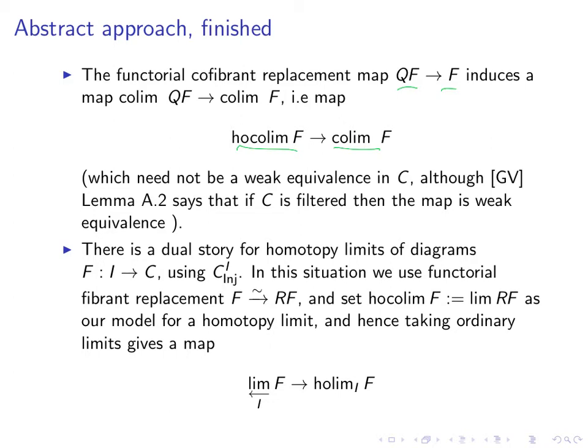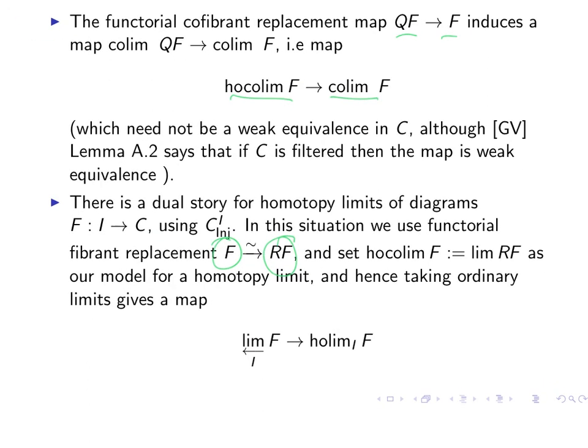Galatius and Venkatesh point out that sometimes, though, it's still useful to consider the homotopy colimit separately. And then there's a dual story for homotopy limits where you just switch the arrows. In this case you start with the diagram F, take the fibrant replacement, so the map goes from F to the fibrant replacement RF, and then the induced map on limits goes from the ordinary limit to the homotopy limit.